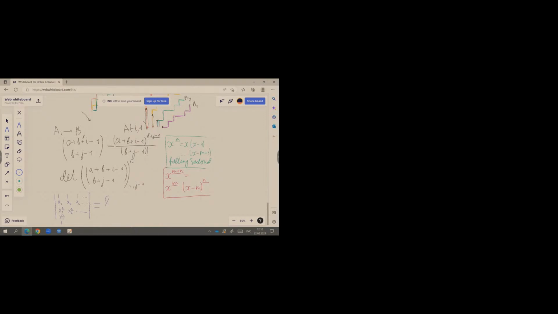Все знают, значит. Маша, умеете считать Вандермонд из общих степеней?